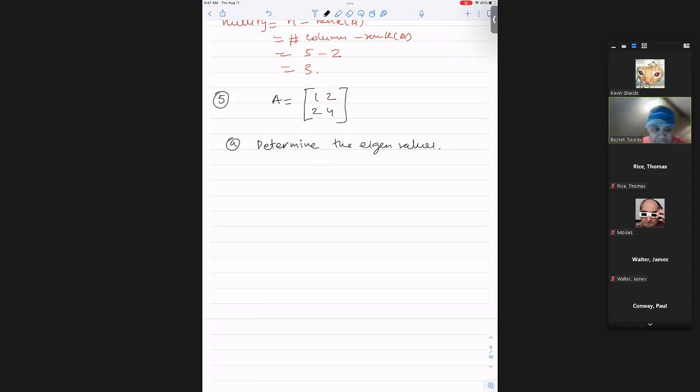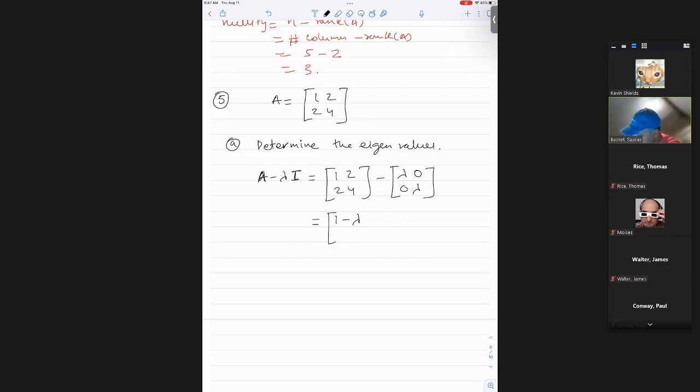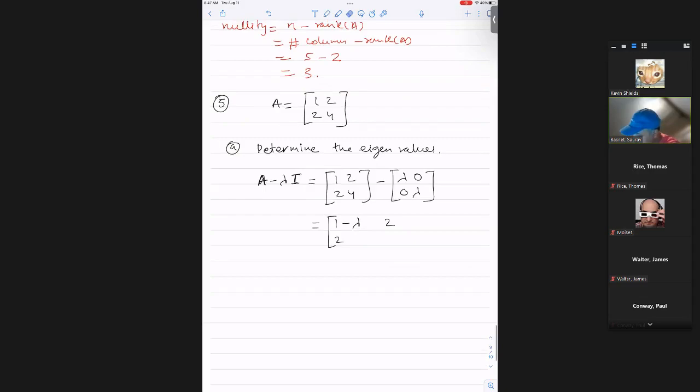So first we'll find the characteristic equation. That is A minus lambda I. I is your identity matrix, so it is [1, 2; 2, 4] minus lambda times [1, 0; 0, 1]. So it is [1 minus lambda, 2; 2, 4 minus lambda].